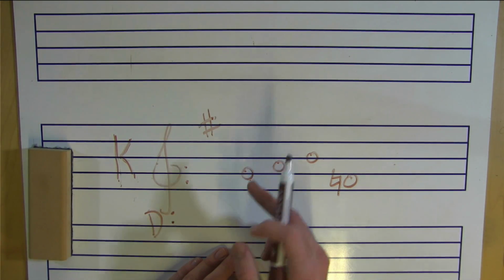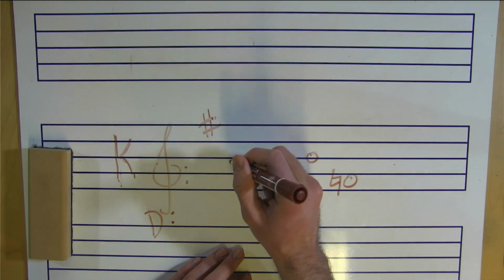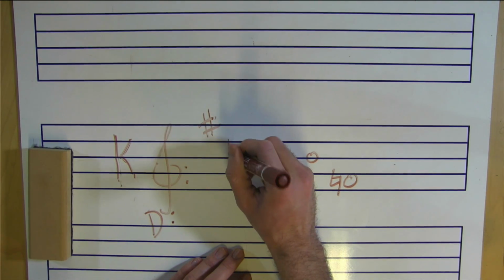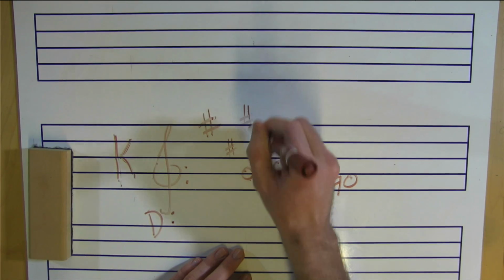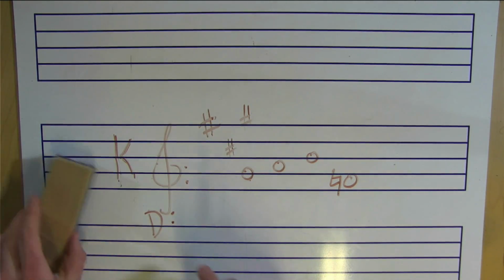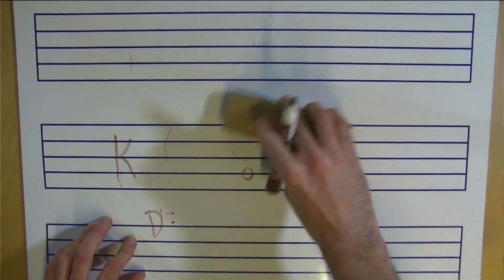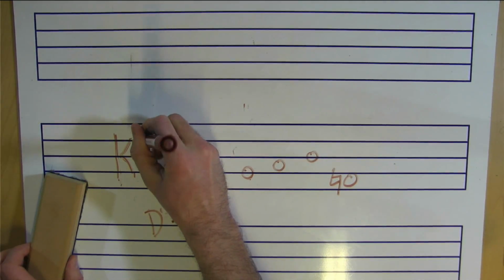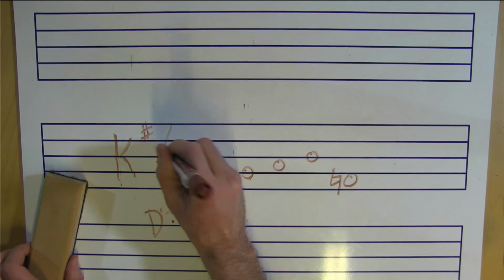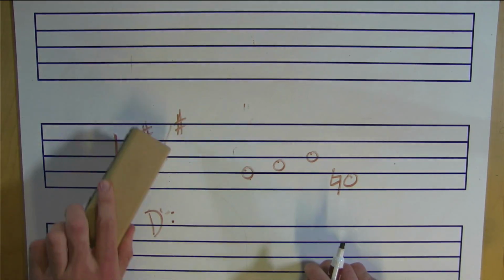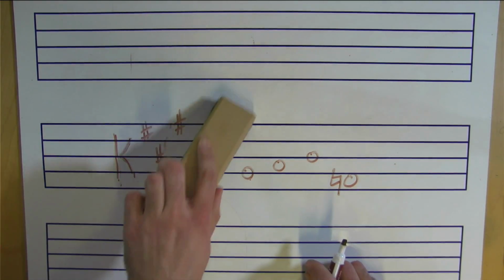So in A major, what are you adding to the key signature? You're adding the C sharp and you're adding the G sharp. So over here, our new key signature is going to be F sharp, C sharp, and G sharp, because that is the key of A major.